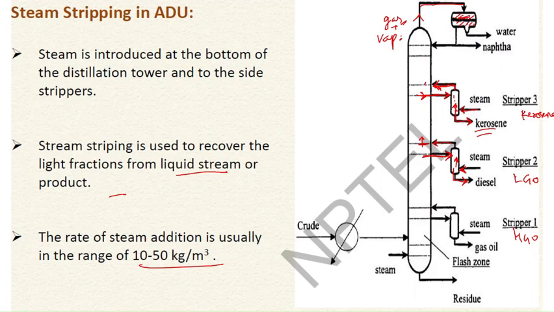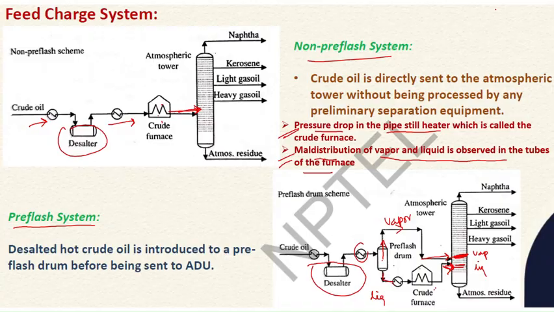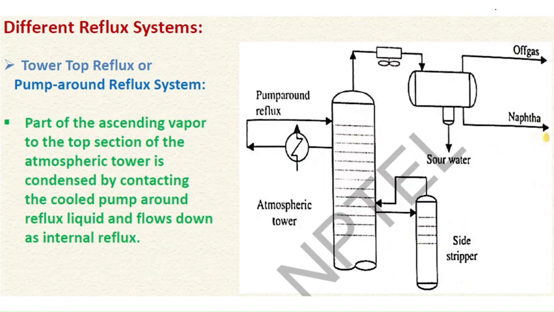We only want the gaseous portion above. Let me tell you in a different manner. Suppose this is a column. We take lighter portions from the top, and different cuts from the sides. This lighter portion may consist of some amount of heavier portion, so it is passed through a condenser. There the heavier portion gets condensed, and the lighter portion remains in vapor form.